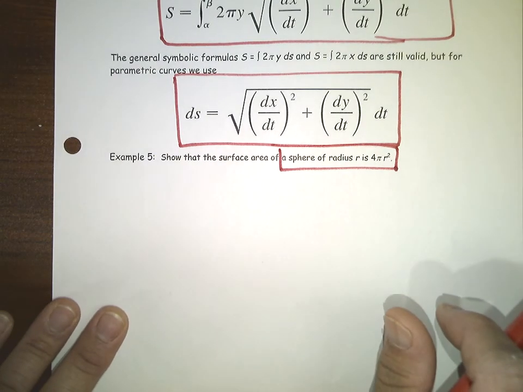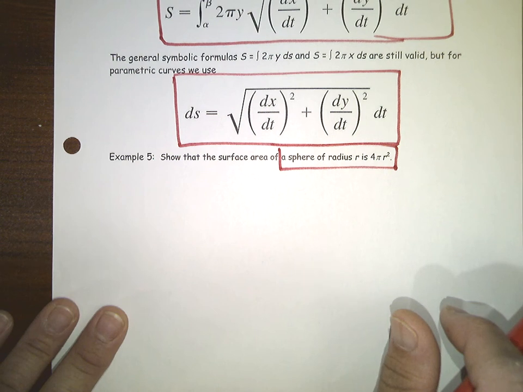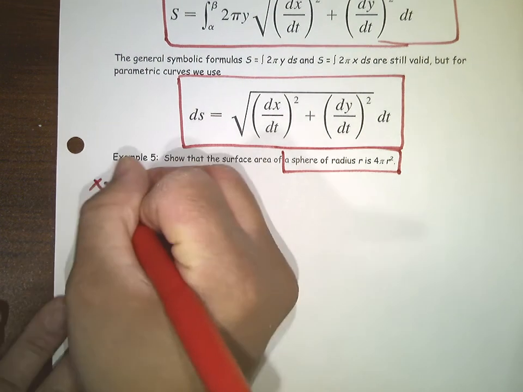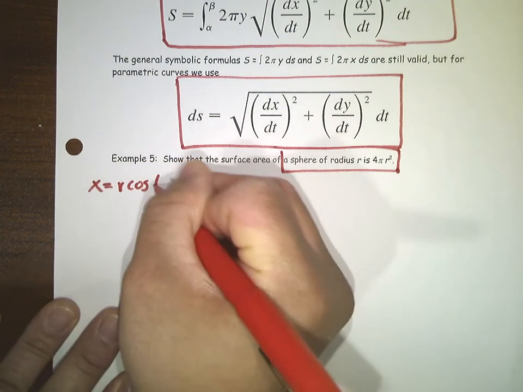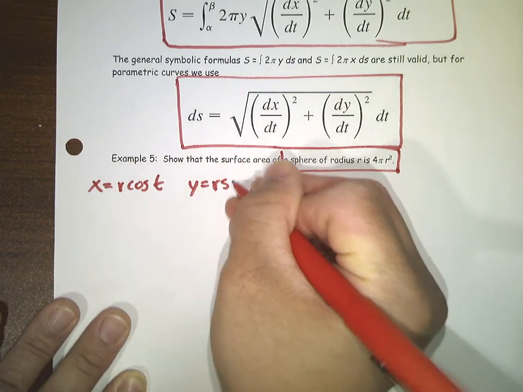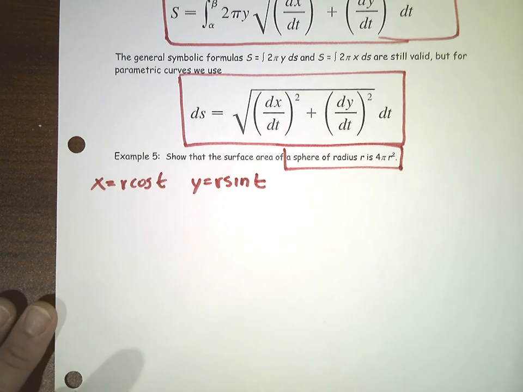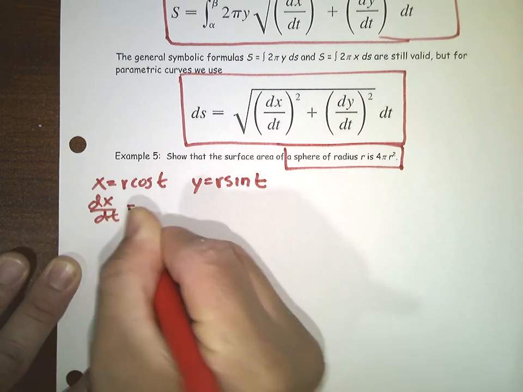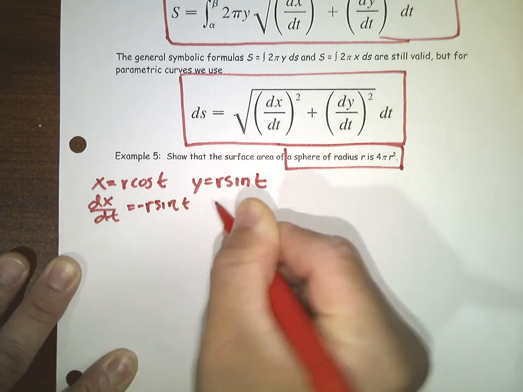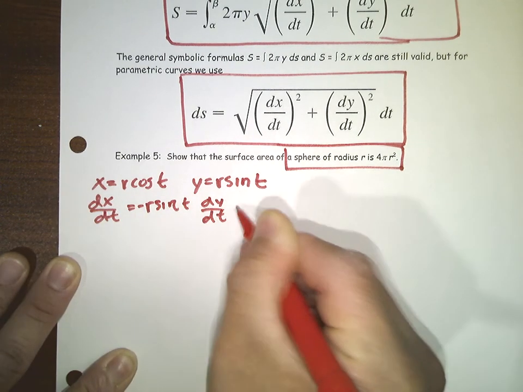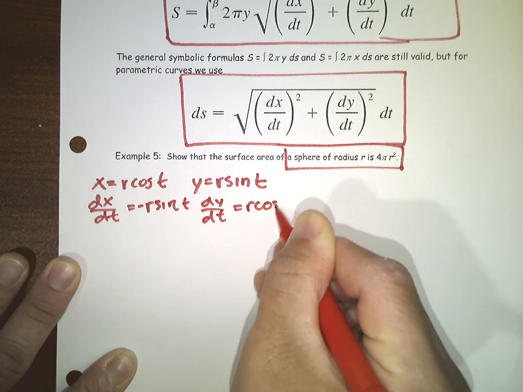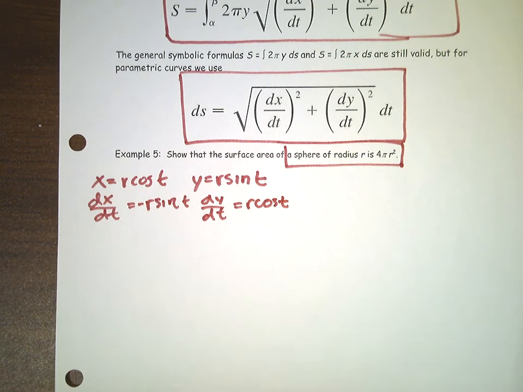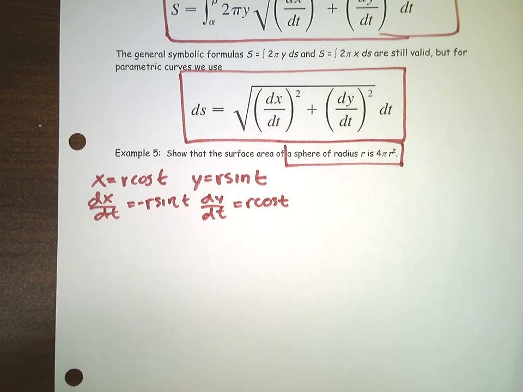Wow. How are we going to do that? Well, let's start with x is r cosine of t and y is r sine of t. So then dx/dt is going to be negative r sine of t, and dy/dt is going to be r cosine of t. So then let's follow the formula here.